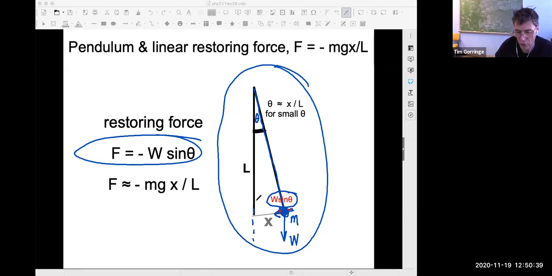This is called the small angle approximation. All we need to worry about here is that for small oscillations, firstly the angle theta is in proportion to the displacement x, and the restoring force is also simply in proportion to this distance x. So for example, if x was 0, there's no restoring force.